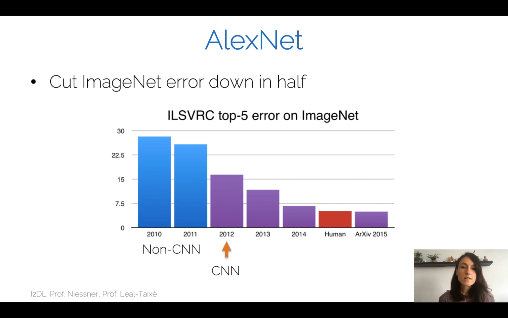And how the first CNN solution that arrived in the field of computer vision made a surprise arrival by cutting the ImageNet error in half. And this was the AlexNet architecture in 2012. After that, in 2013 and 2014, more architectures appeared, and the error kept going down until it reached essentially human performance. So we now have CNNs which are sort of superhuman and can perform better than humans in the ImageNet challenge.